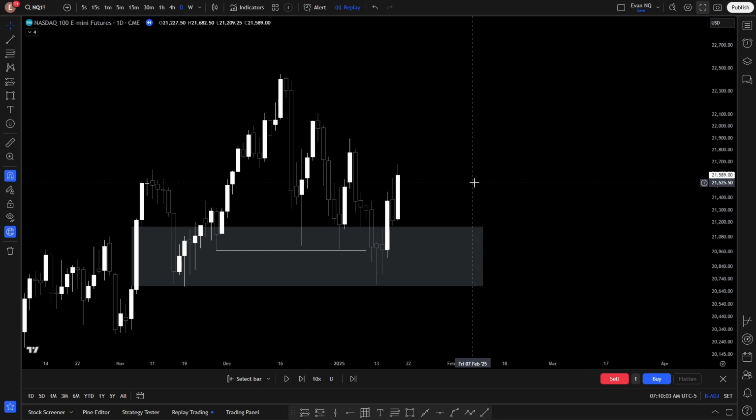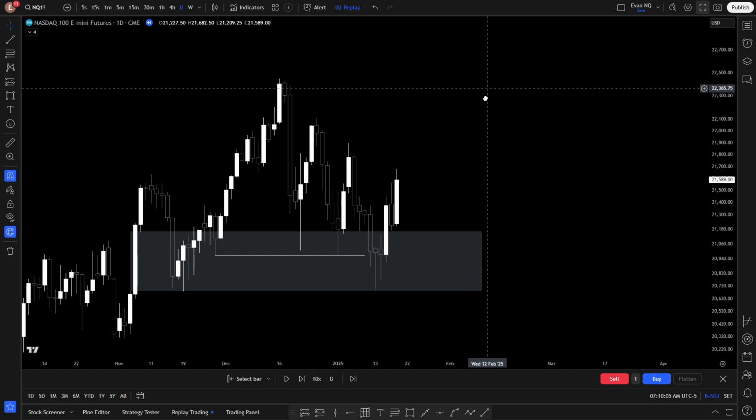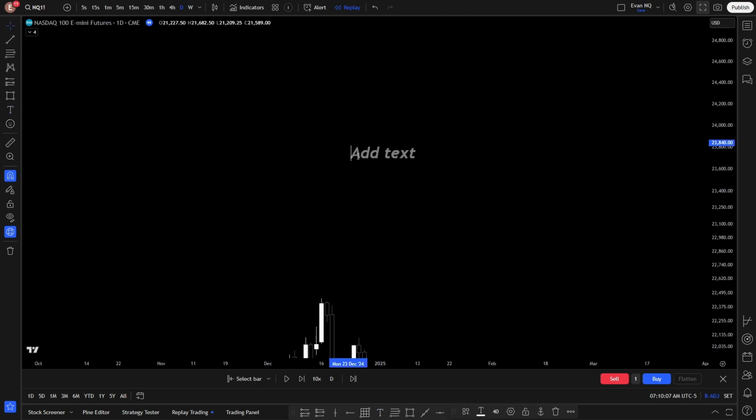So, to basically put it nice, short and sweet, PD arrays, let me write this out for you guys. PD arrays are going to always be your friend when determining where the draw on liquidity is.